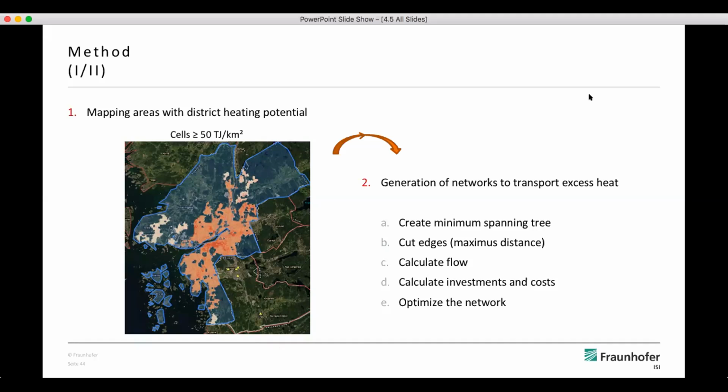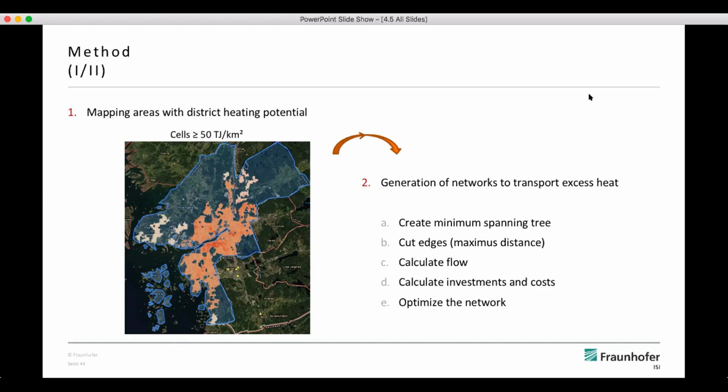If you see on the left side the map, which is a bit small, you will see that there are some red cells, which should give you an idea of the cells with potential for district heating. And then you have some triangles. These triangles, for example, might be companies, and these companies might have excess heat.